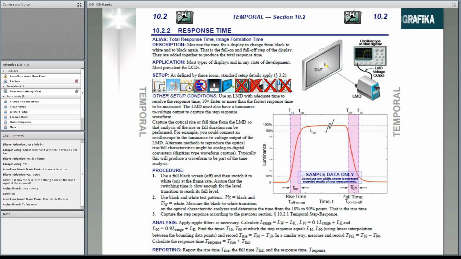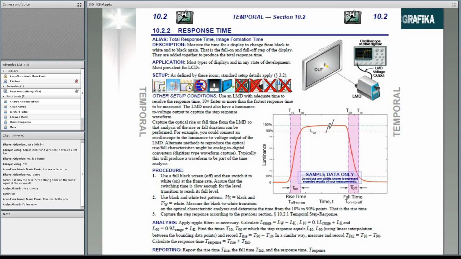When you get a display, you point the light measuring display on it, and then from full black to full white you should make a transition and measure the time from the 10 to the 90%, and then another one from the 90% to the 10%, and add these two together, which sounds simple enough.